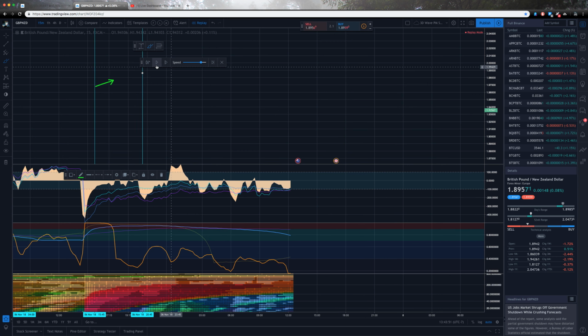No mean reversion yet. 14 periods absolutely compressed. There's still volatility overhead. Any kind of upward expansion, I'm going to take. Okay, as soon as we get a positively weighted 14 period CCI, I'm going to enter a long.